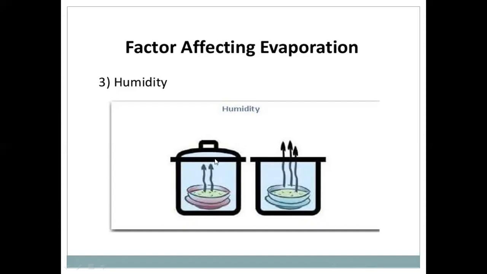So when humidity is more, evaporation rate is less. When humidity is less, evaporation rate is more. Humidity and evaporation are inversely proportional. When we have more humidity, we have less rate of evaporation, as in container one. When we have less humidity, we have more evaporation, as in the figure of container two.